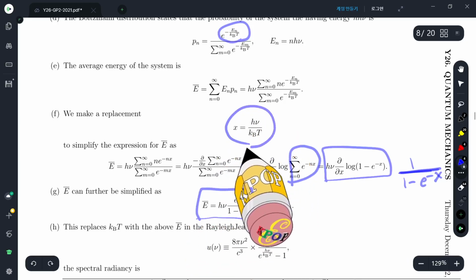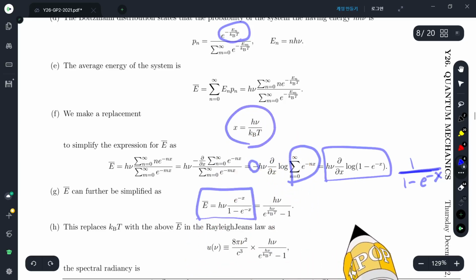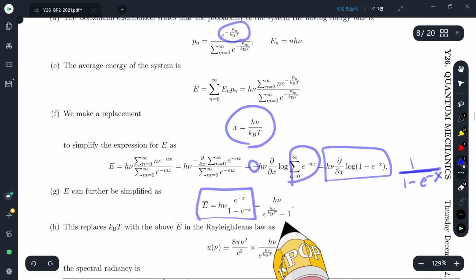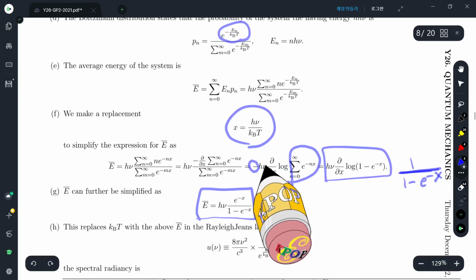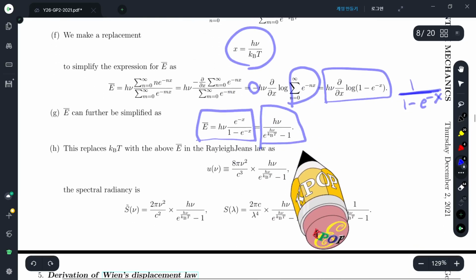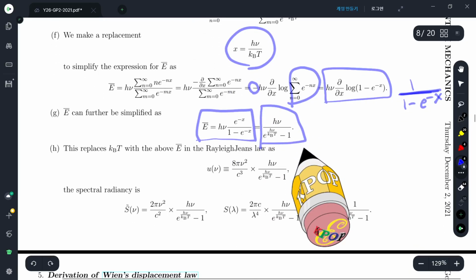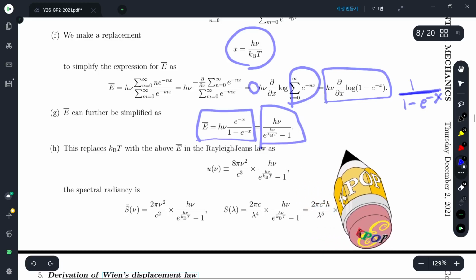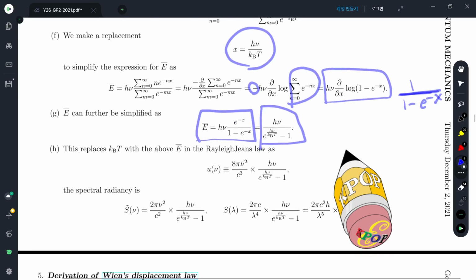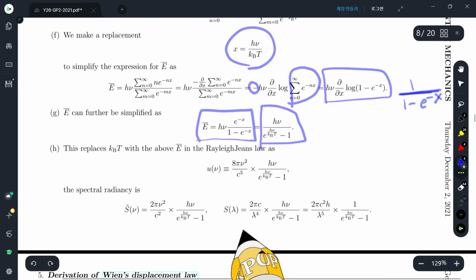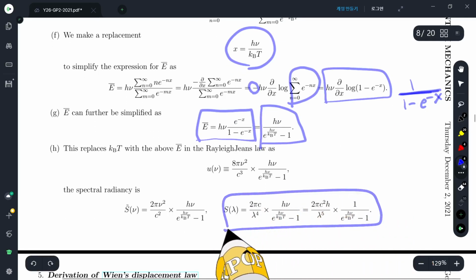And because x is h nu over kBT, we can substitute this to find out the average energy of the cavity photon system. Substituting this one in here, we finally obtain the spectral radiancy. Okay?